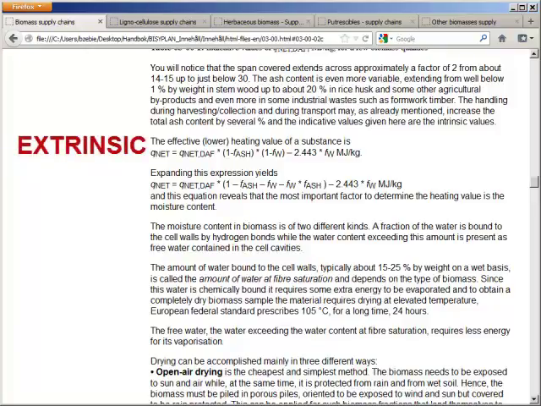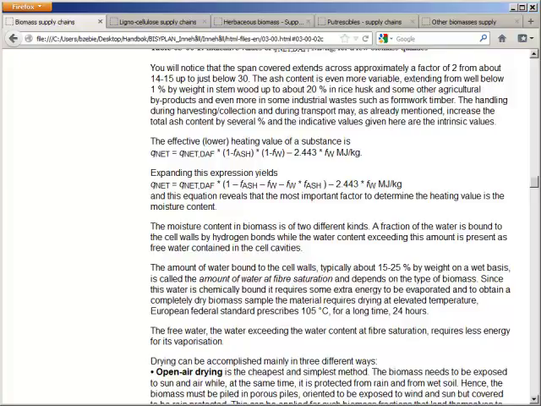But then there is also the extrinsic ash. The extrinsic ash is the ash that is added through the logistics and the handling of the material. If, for example, the material is stored on ground and a tractor drives over it before it is collected from the ground and put into a container, then it will be contaminated with soil, and that adds to the extrinsic ash.